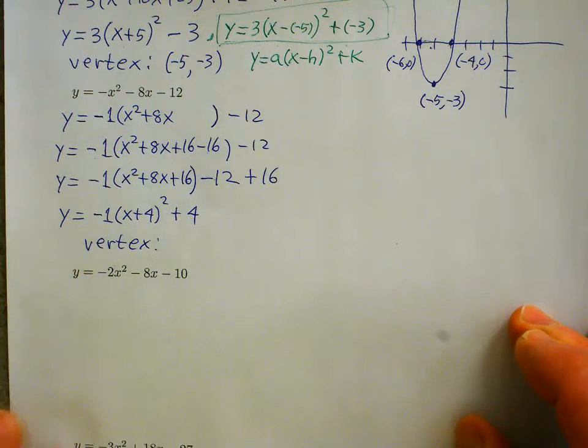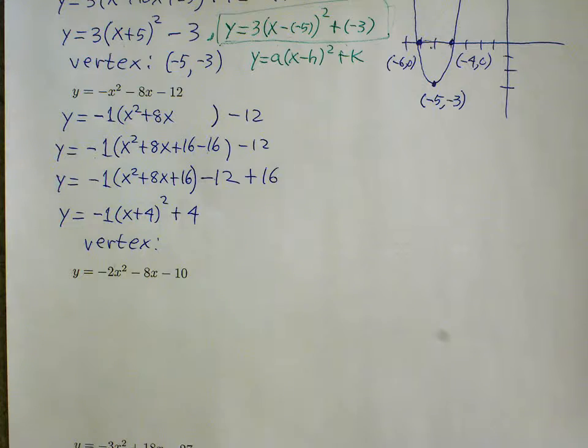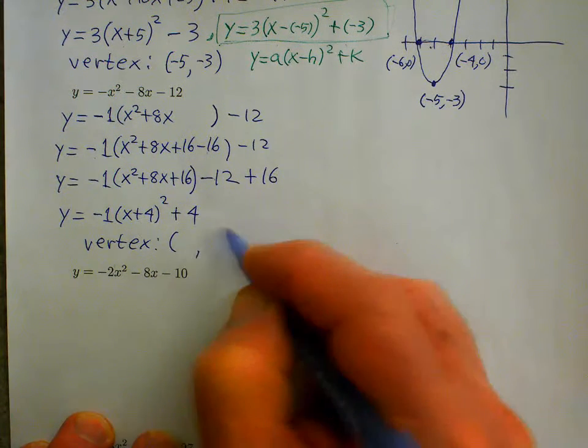Okay, so someone online type in what the vertex is. It's an ordered pair. Which ordered pair?